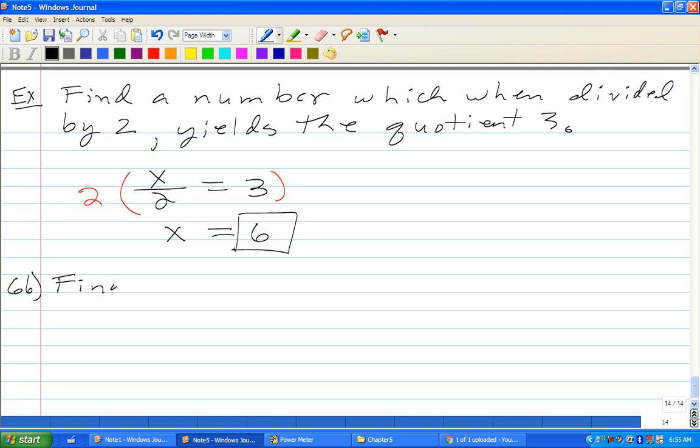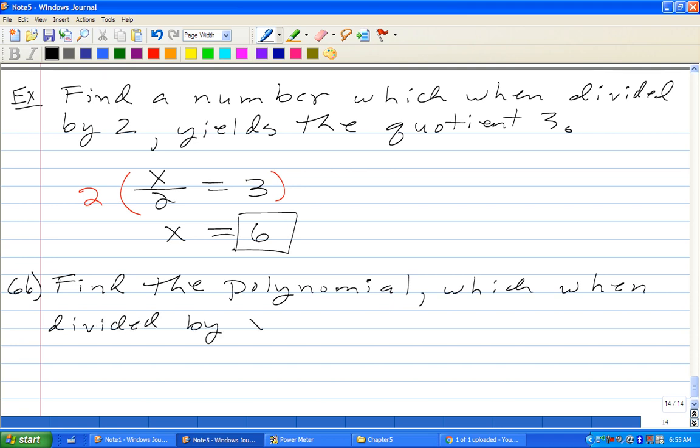Find the polynomial which when divided by x plus 1 yields the quotient x squared minus x plus 1.